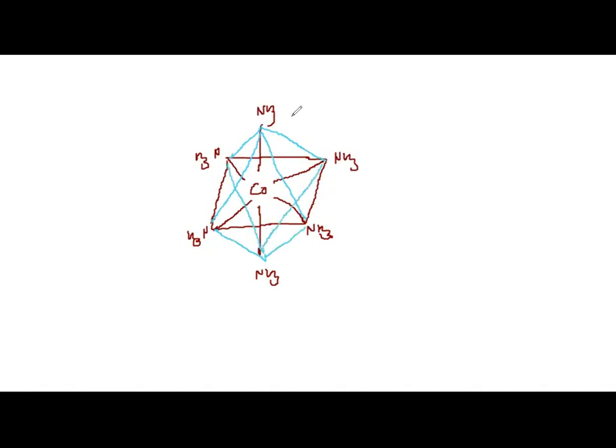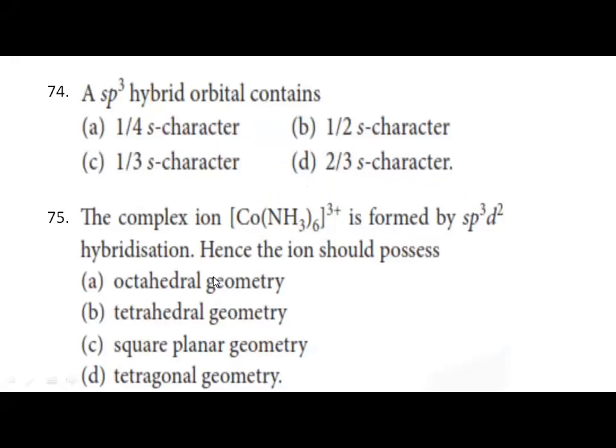So this geometry is called octahedral geometry, and here the hybridization is sp3d2. There are 6 bond pairs. So octahedral geometry is the correct option.